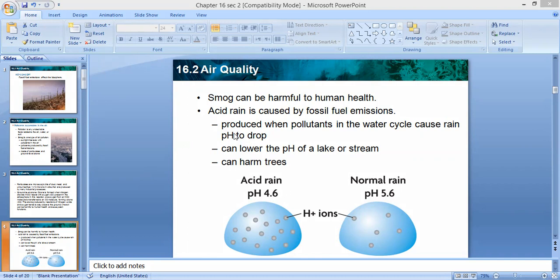pH is a measure of the acidity. When the pH becomes low, it means high acidity, more acidic. When the pH increases, it means it is more basic. Now for acid rain, normally when the rain falls, there is carbon dioxide in the atmosphere. This carbon dioxide, when it reacts with the water, turns into carbonic acid.